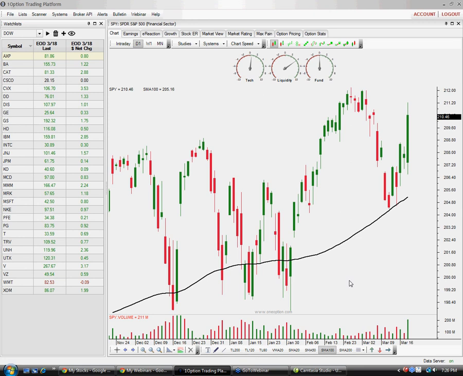And for those of you who are not currently customers, this is the OneOption trading platform. There's an end of day version. There's a real-time version. We'll be using the end of day version right now. It's got lots and lots of features, and it's a really nice way to view the trade signals as well.